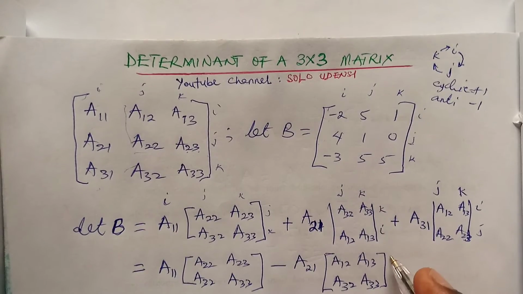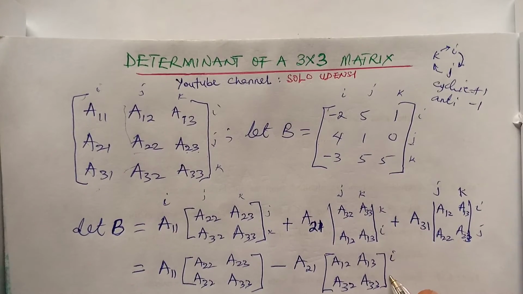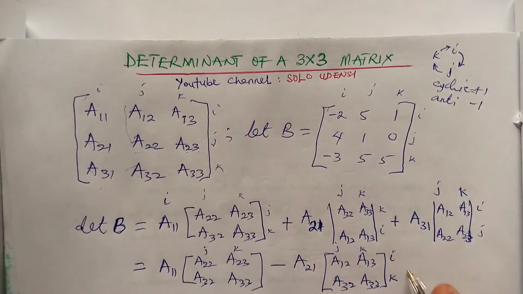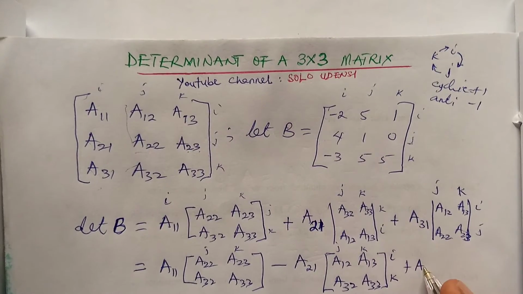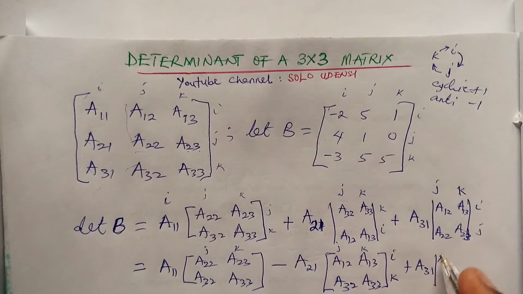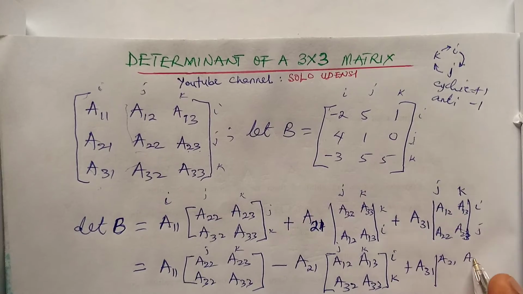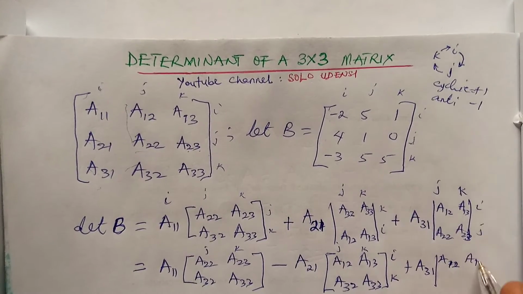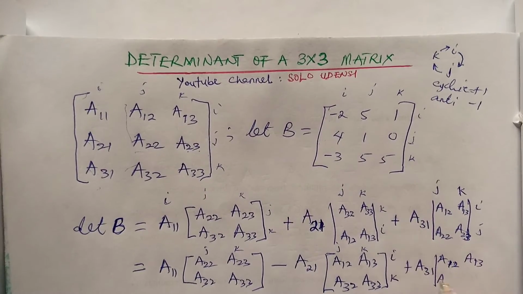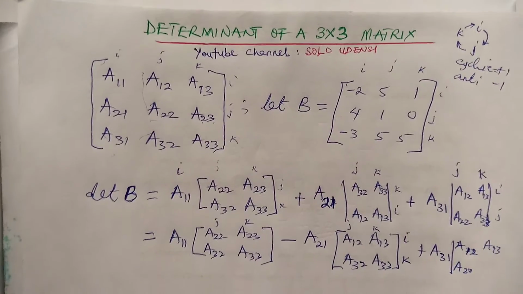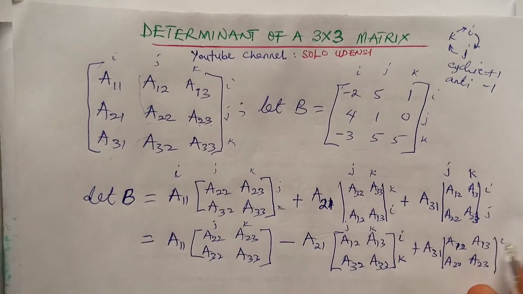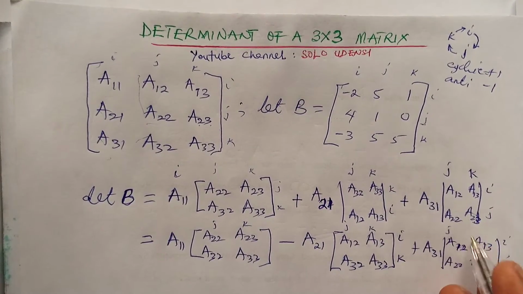If you see very well, we have moved this one up and this one down. This guy still remains JK, and this one is also as it is before. So A21, A12, A13, A22, A23 is the same IJ, JK.